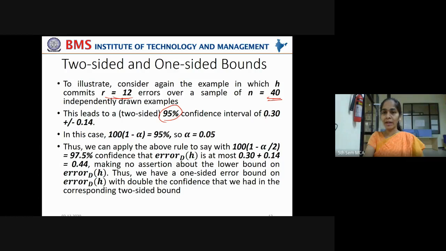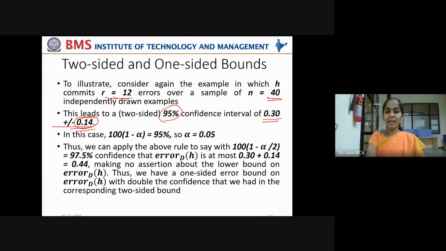I have given you the formula, right? Sample error plus or minus critical value Zn multiplied by square root of sample error into 1 minus sample error divided by n will give you this 0.14. That interval leads to the confidence interval with this standard deviation.